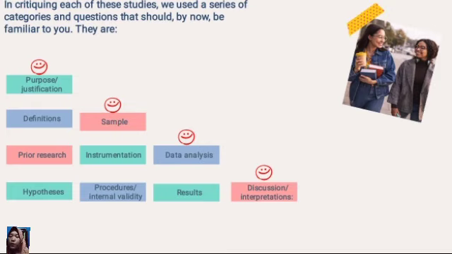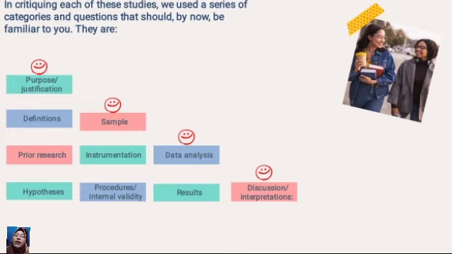They are, first, purpose or justification. We can use questions such as, is it logical? Is it convincing? Is it sufficient? Do the authors show how the results of the study have important implications for theory, practice, or both? Are assumptions made explicit? Next is definition.